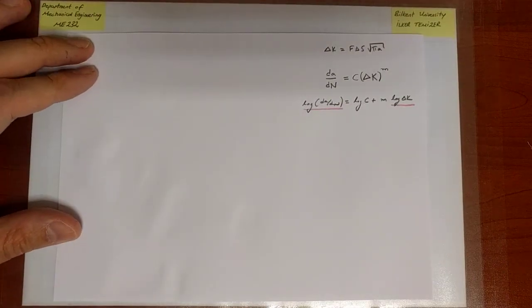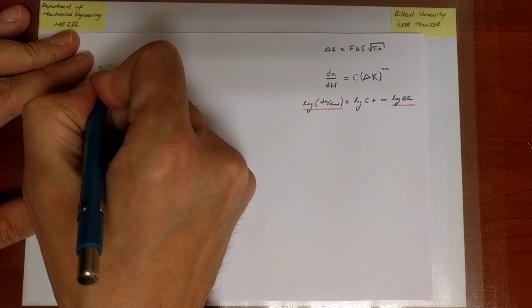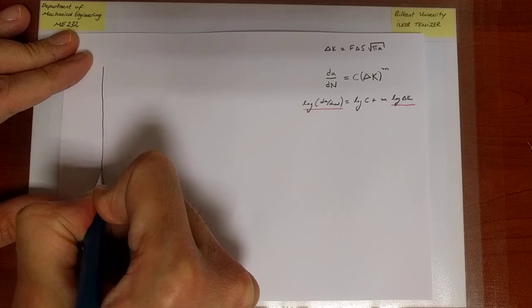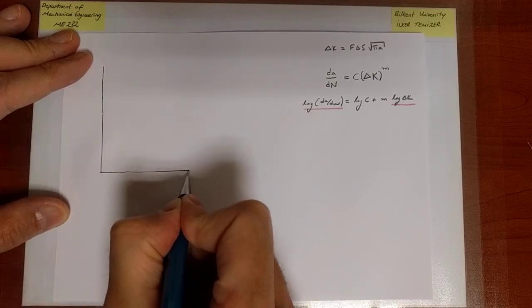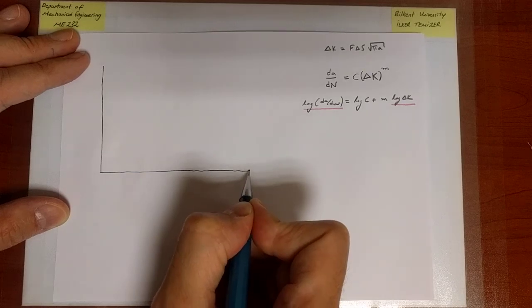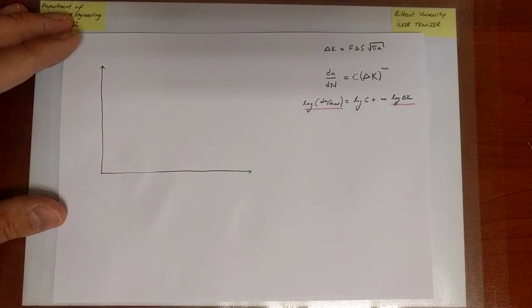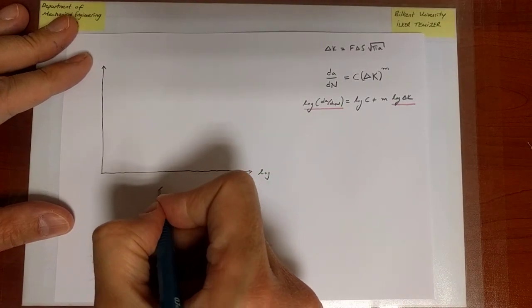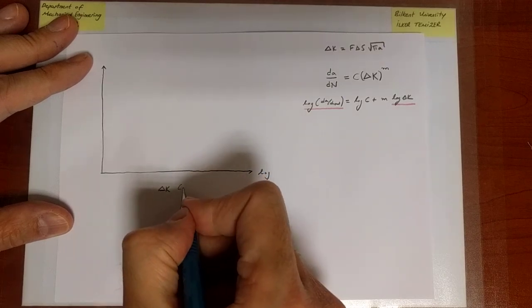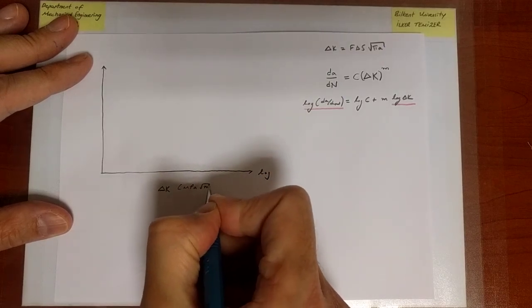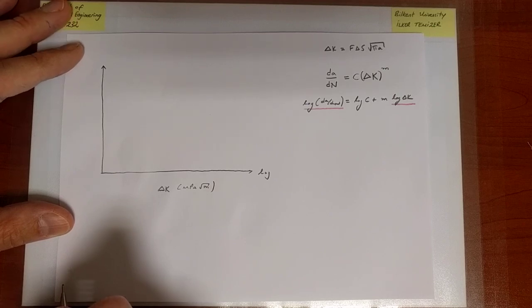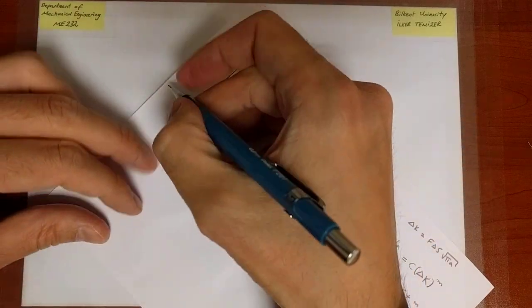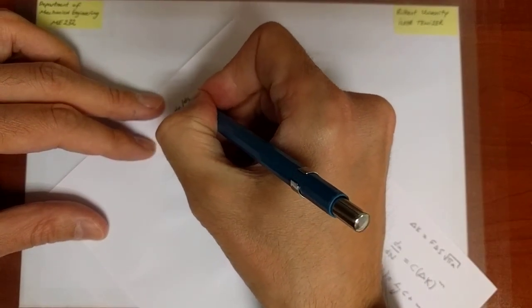So if we go ahead, therefore, and plot the logarithm of the stress intensity range, remember it has units MPa square root meters, versus the logarithm of the crack growth rate, let's say da/dN.